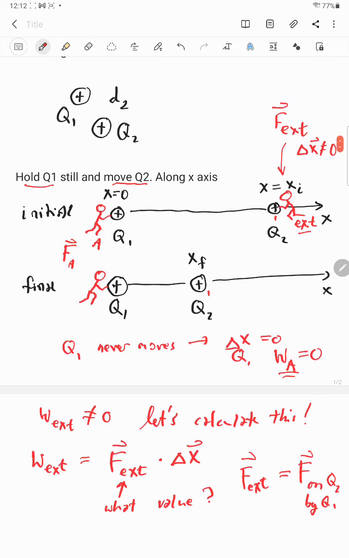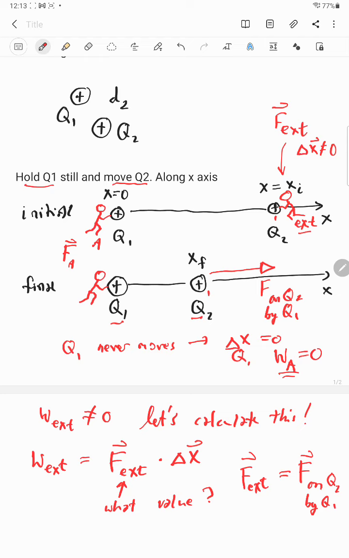Remember our problem, we've got Q1, Q2, and Q2 is being pushed away, right? This is the force on Q2 by Q1.